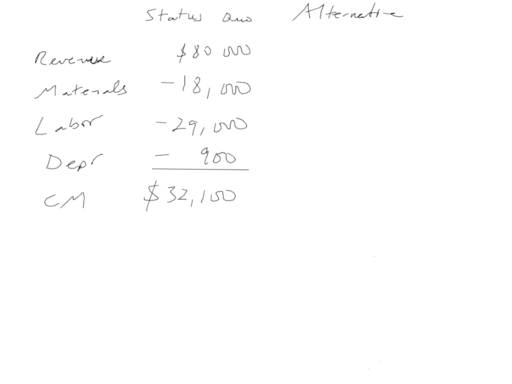So the fact pattern tells us that if we're going to take the special order, we can reduce the number of standard dresses produced in March to 10. So instead of producing 20 standard dresses, we're only going to produce 10.